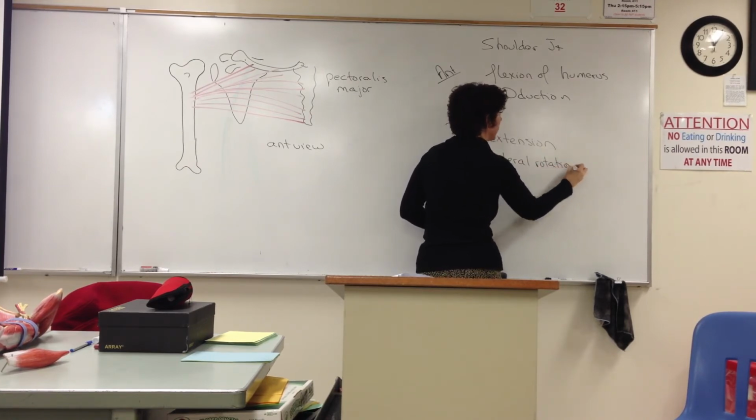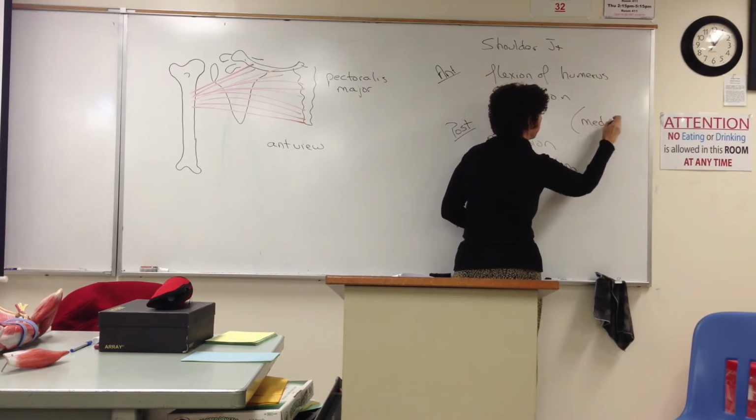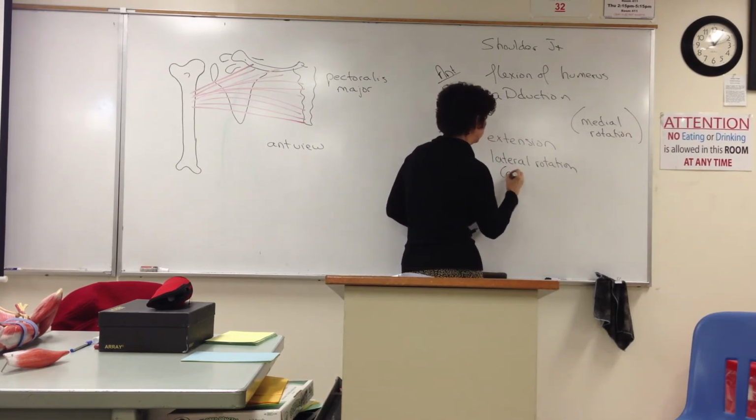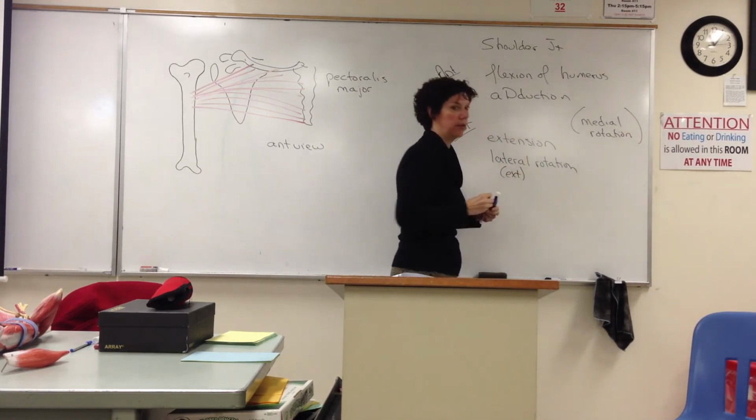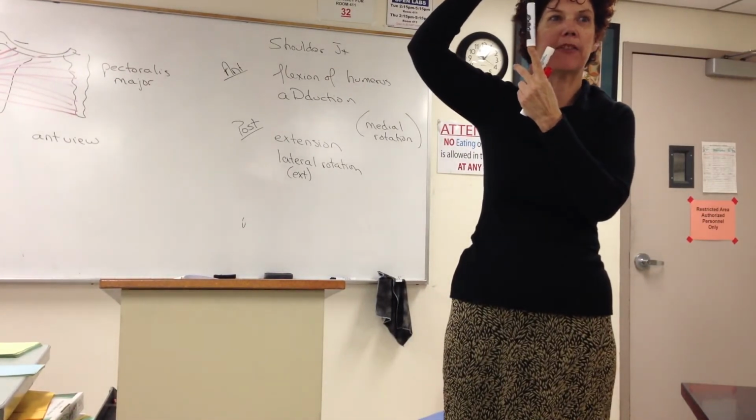We have medial rotation, but I'm going to put that in parentheses because those muscles are found both in front of and behind the joint. The lateral or external rotation. Rotation means the bone has to move along the entire length of the bone.